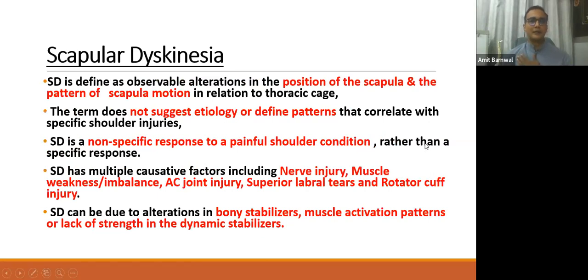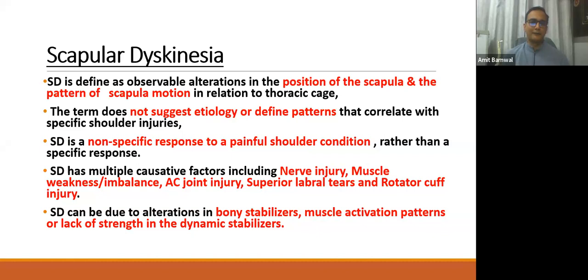It describes the position of the scapula and the pattern of motion of the scapula. It may be specific or non-specific. Generally, we get patients with specific shoulder issues, but there may be a non-specific cause of scapular dyskinesia.